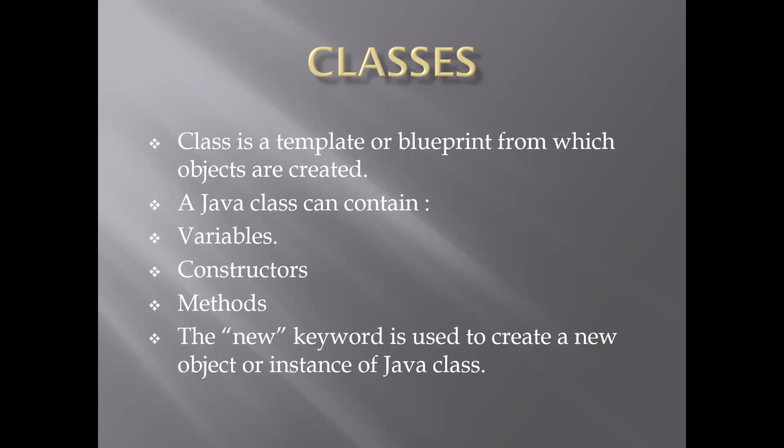Then we can create objects, which are instances of this class, and using these objects, we will start giving values to these properties and running these functions of this class.